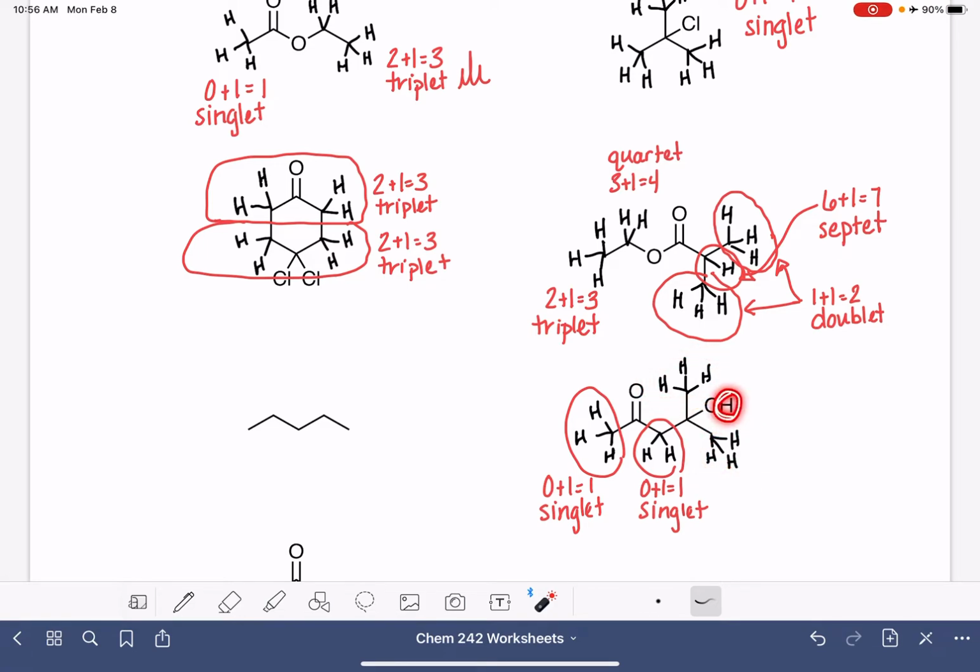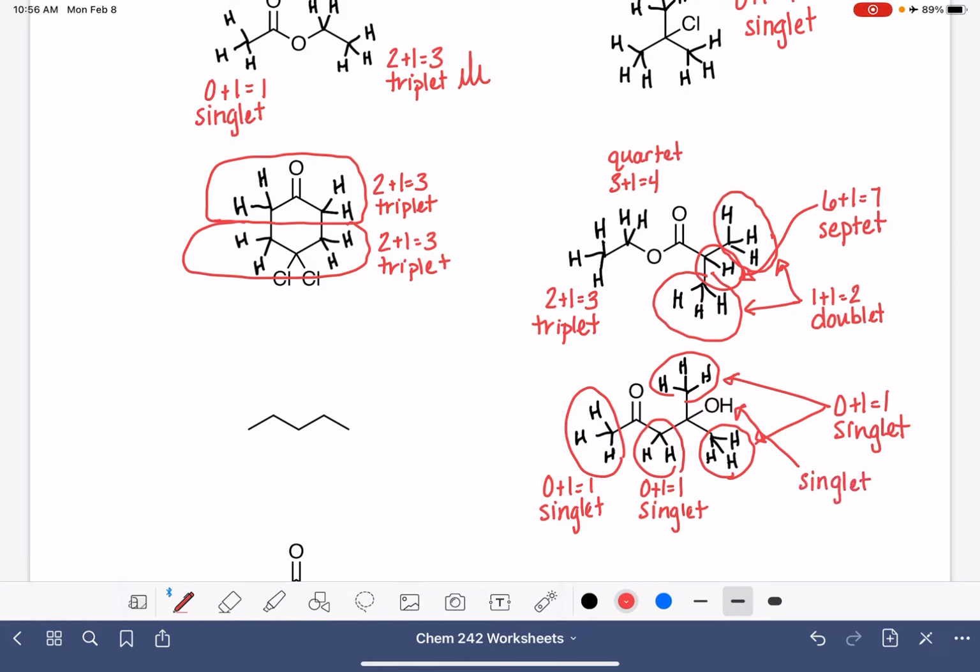They are close enough to the OH? 1, 2, oh no, they're not. 1, 2, 3, 4. They're too far away. So these guys will also be 0 plus 1 is 1, a singlet, and the OH also a singlet.